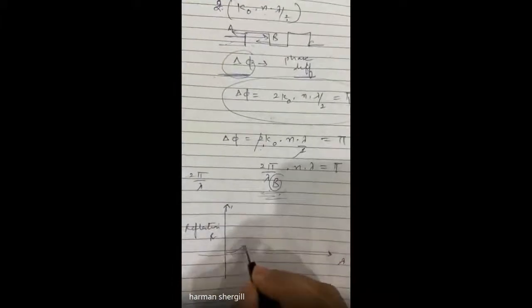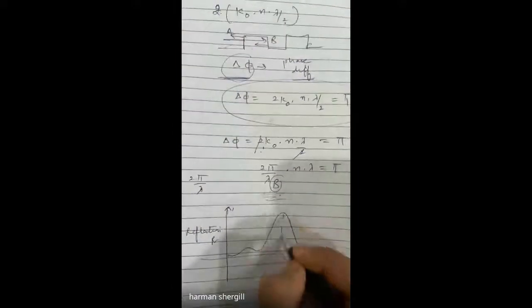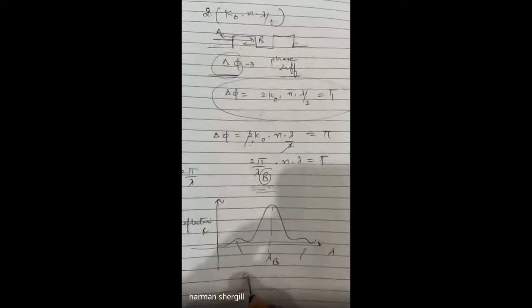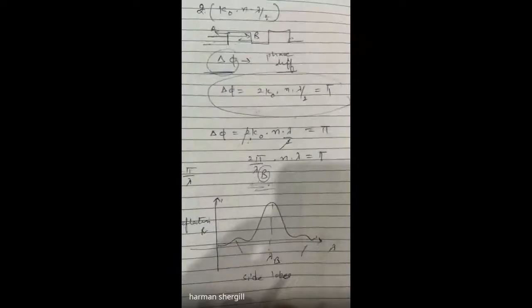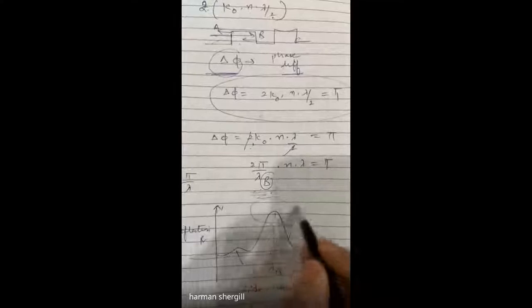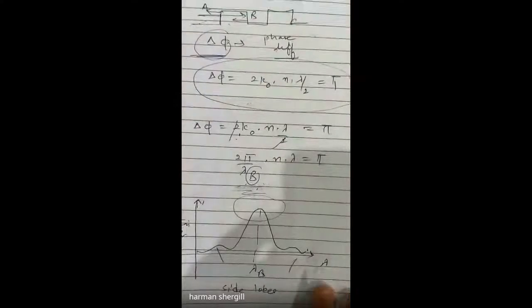Then we have lambda B. These are the side lobes. Side lobes because of the Fourier components, because of the step-like variations. So we will only get one frequency in the case of a distributed feedback laser.